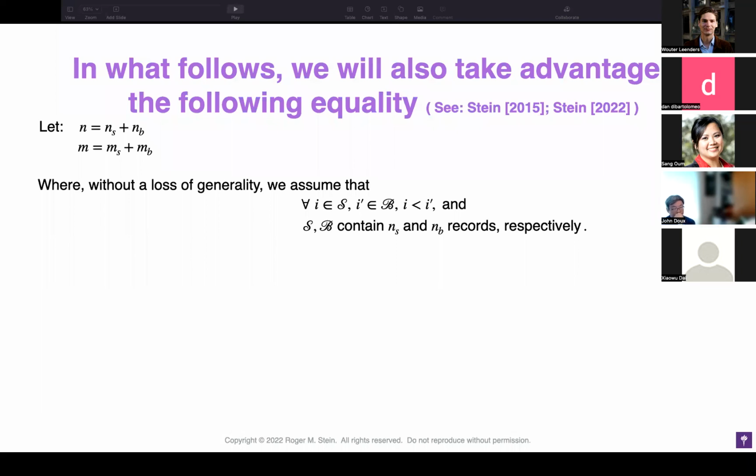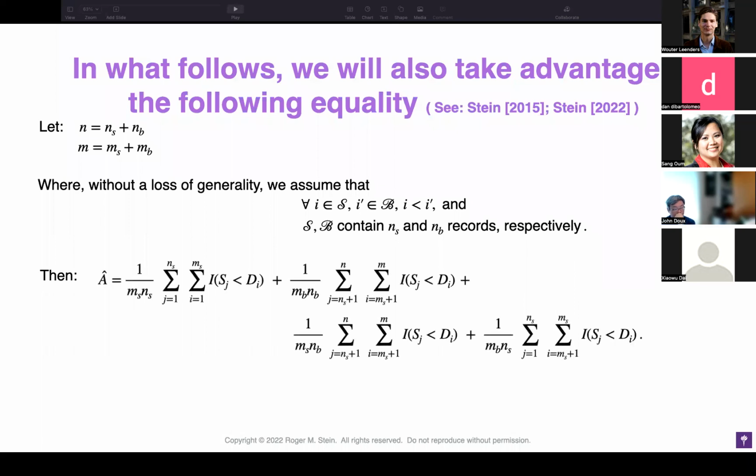So let's say I do that. Well, it turns out then I can actually decompose the AUC into a series of smaller sums. In this sum, I'm comparing the MS and NS of the sample to each other.